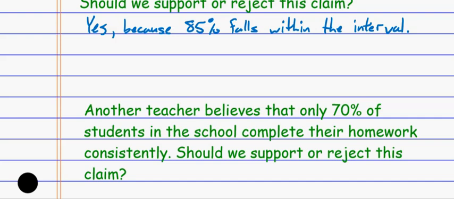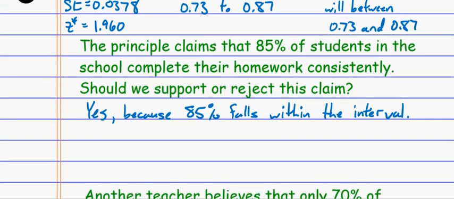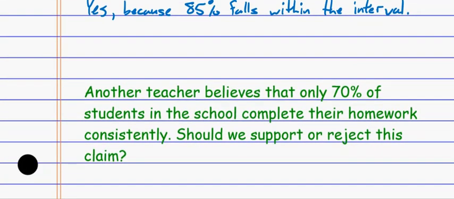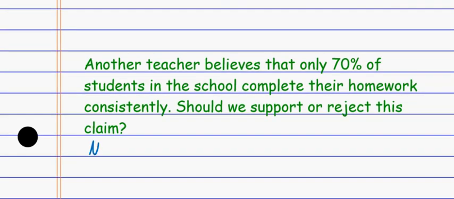Well, the answer is no, we shouldn't support that, because once again, 70% is not within our confidence interval. The confidence interval says the population is somewhere between 73 and 87%. So 70%, no, we can't support that claim because it's not justified by the values we have. So we would reject that claim because it's not within the confidence interval, okay?